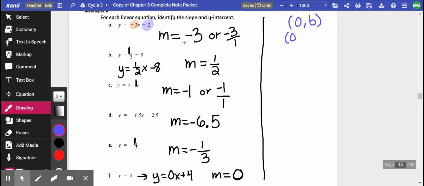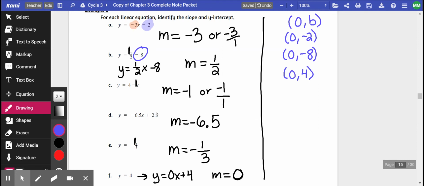So my y-intercept is at 0, -2. For letter B, -8 is subtracted. So my y-intercept will be at 0, -8. For C, the other number not attached to x is 4. So our y-intercept is going to be at 0, 4.